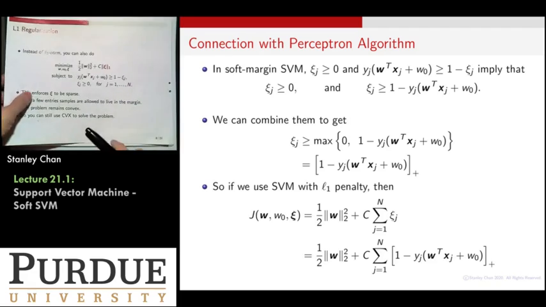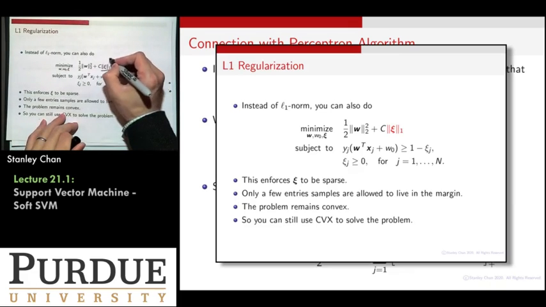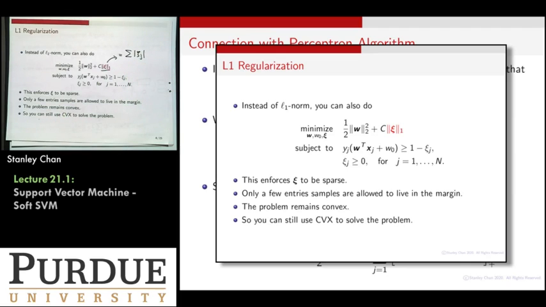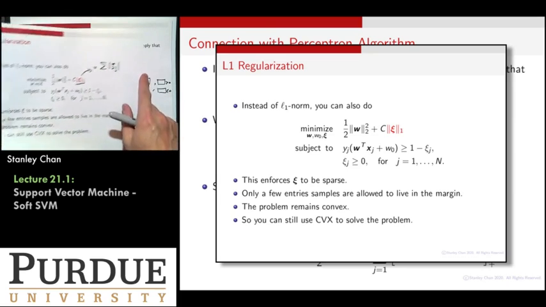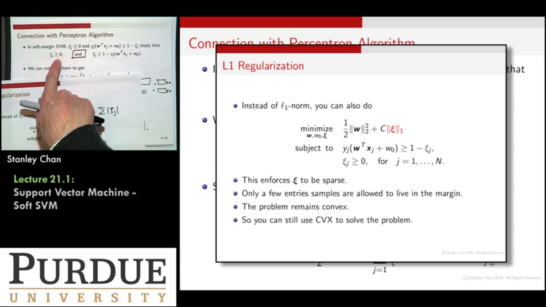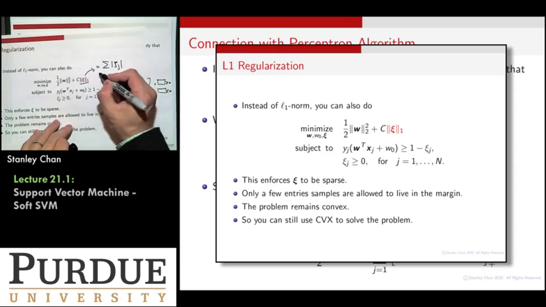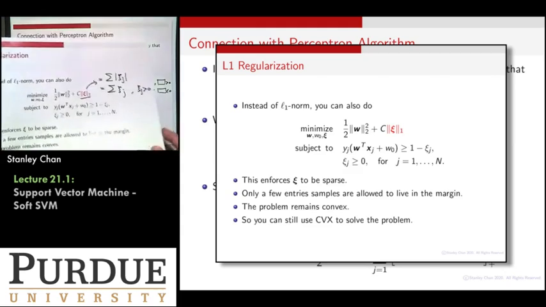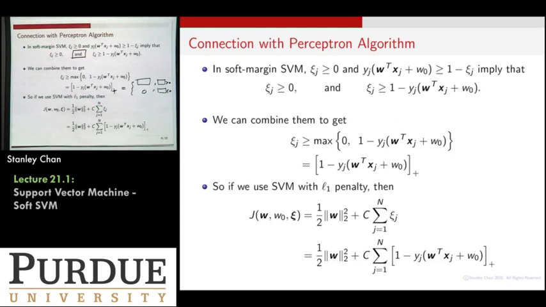Well, because the 1 norm of psi is just the summation of the absolute value of psi j. And what is psi j? By construction, psi j is positive, and so this is the same as the summation of psi j. And so I can write my 1 norm case. I want to highlight that this is the 1 norm penalty. You can write it as this objective function.